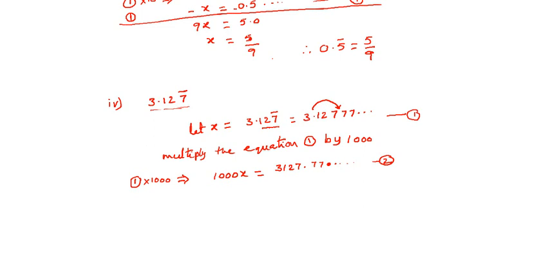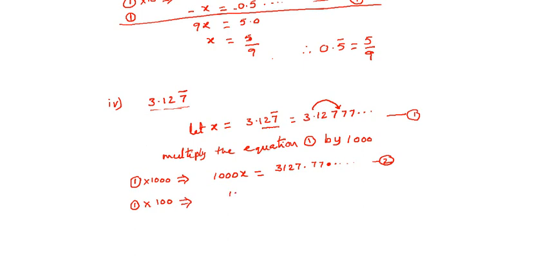That means 2 digits. Now you multiply equation 1 by 100. Why? Because there are 2 digits in the non-recurring part. So you take 100, 1 into 100.